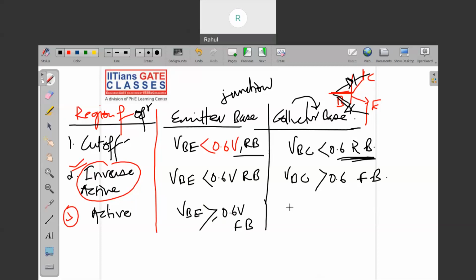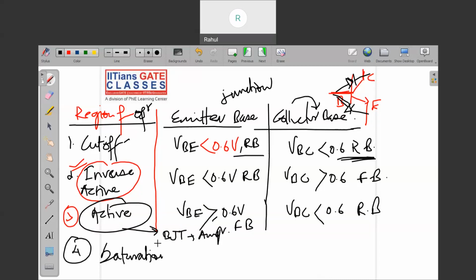And if VBC is less than 0.6, and this junction is reverse biased, then this will be known as the active region, and here the BJT behaves like an amplifier.